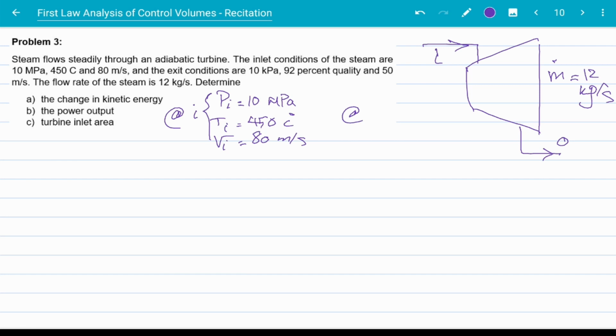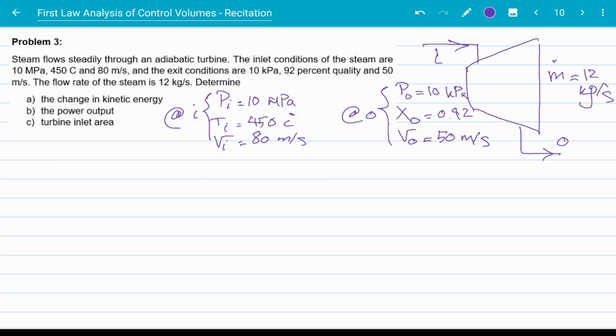And at the outlet, pressure is 10 kilopascals, quality is 92%, and the velocity is 50 meters per second. So these are the things that we know.